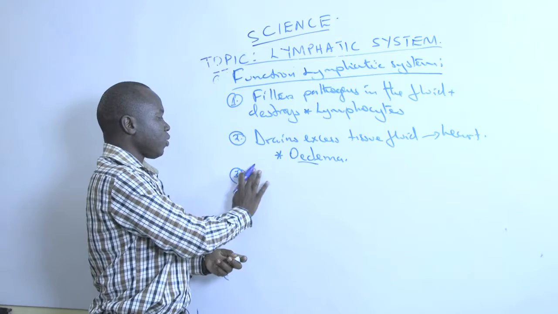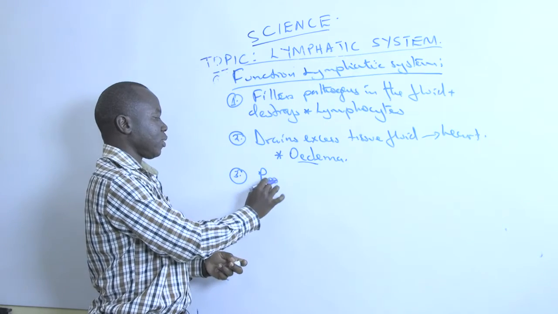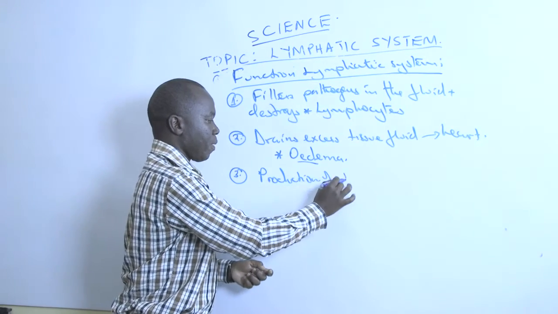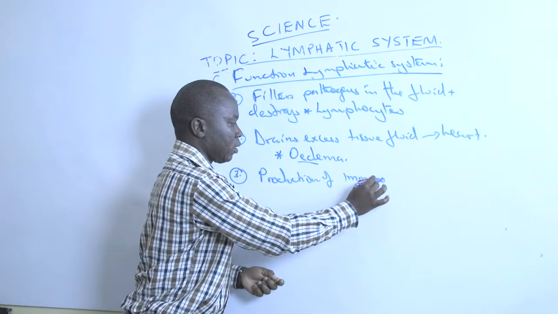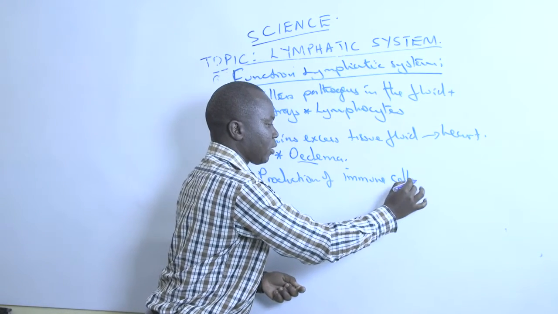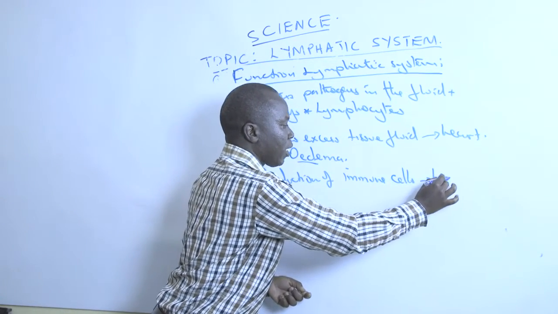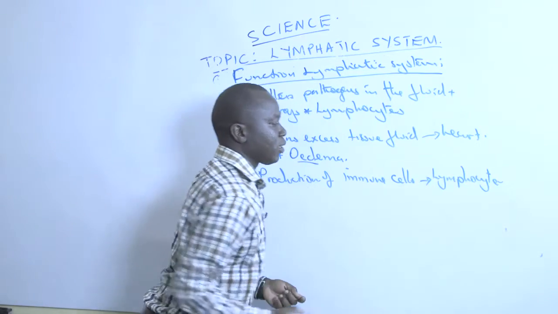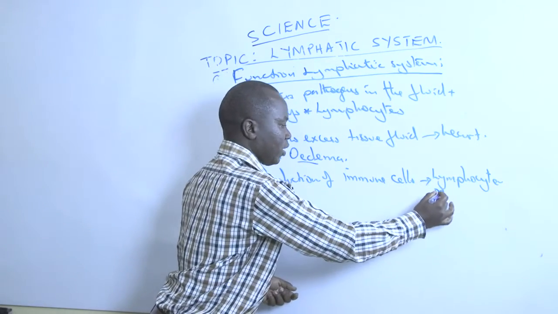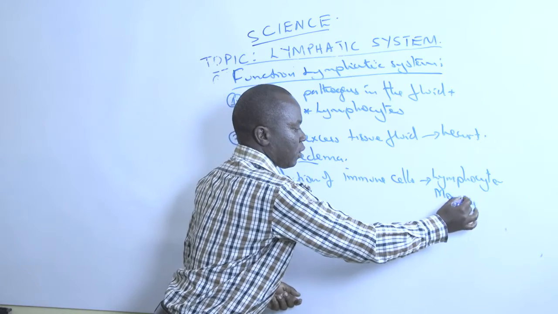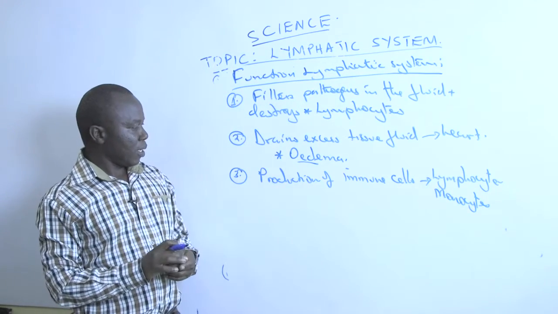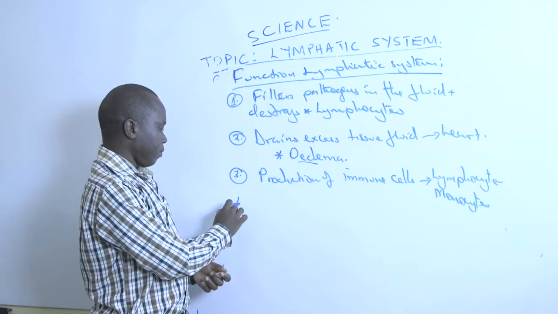And then we have also seen that it's involved in production of immune cells. For instance, we have the lymphocytes. The spleen is involved. We have the monocytes. These are involved in destruction of the pathogens.